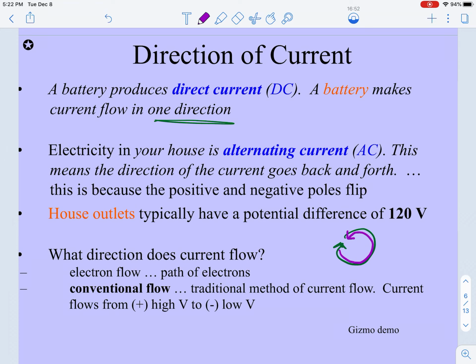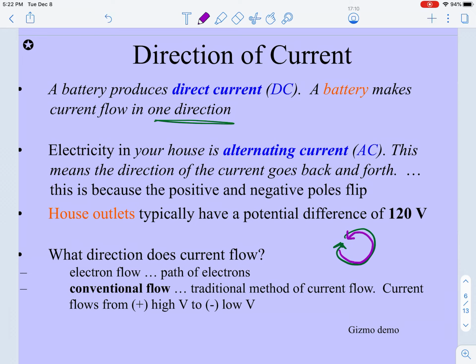And so in the case of an alternating current source, the positives and negatives are constantly moving, and so the direction that those electrons are traveling, be it clockwise or counterclockwise or however we choose to describe that direction, is going to switch back and forth. So that's why we call it alternating current.